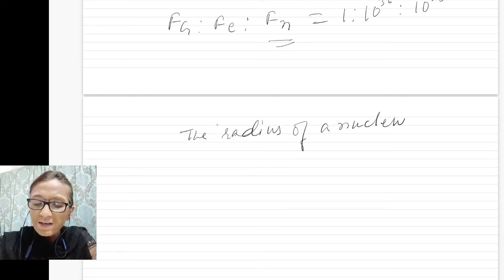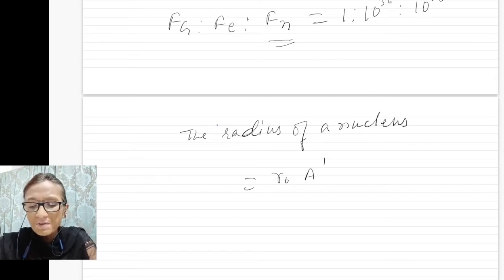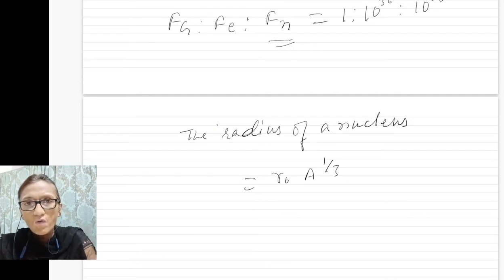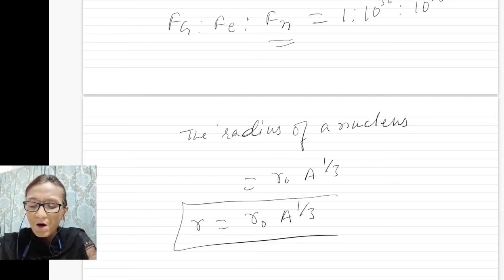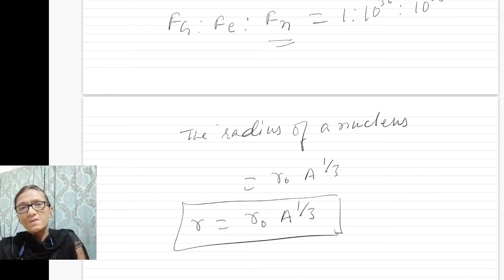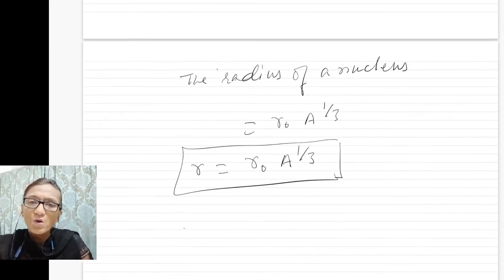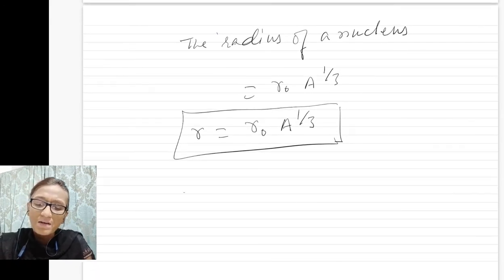of a nucleus is equal to some constant R0 times the 1/3 power of the atomic mass. Here R is equal to R0 A to the power 1/3. This is the relationship between the radius of a nucleus and the atomic mass of the nucleus.